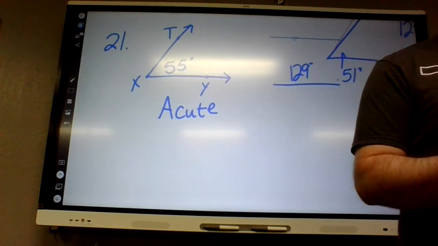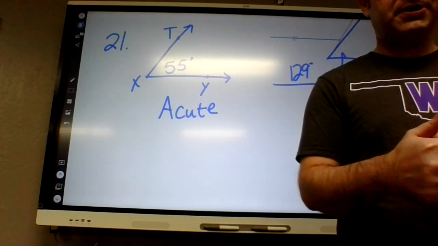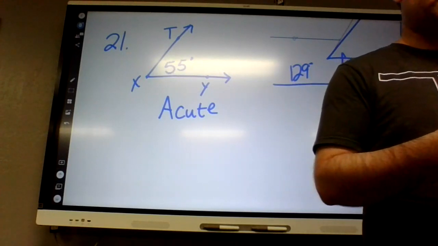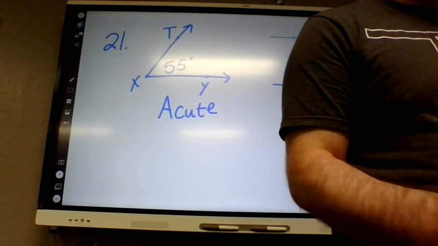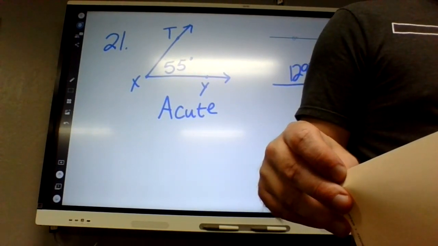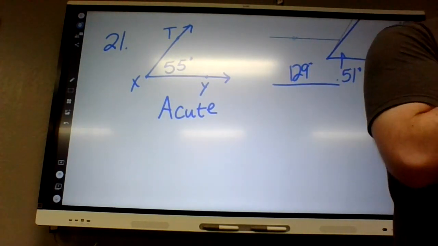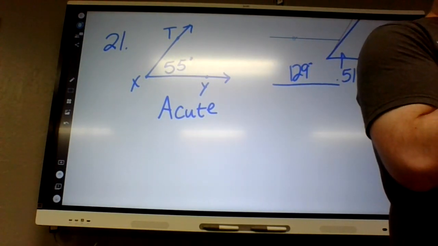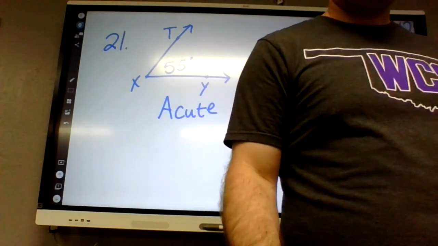So all you have to do on the last two is measure the angle, how many degrees it is, and what kind of angle it is. It's not acute. It's bigger than 90. All right, that's it.